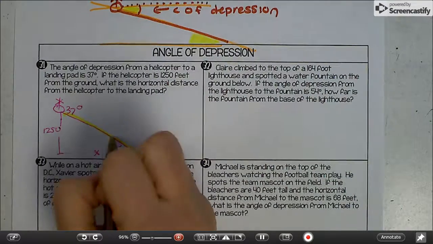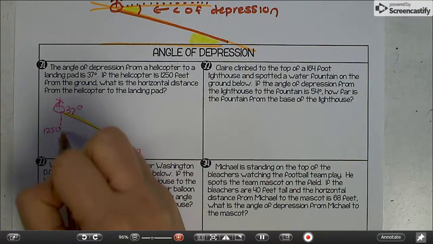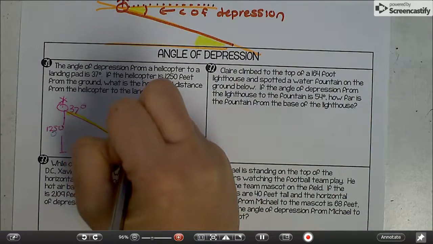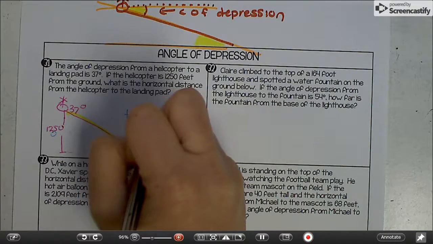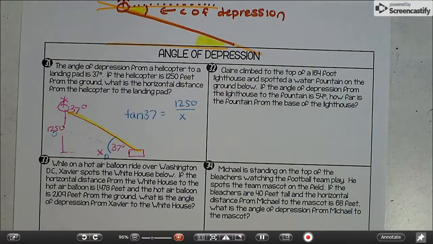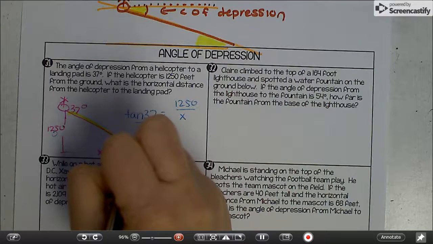And from this angle, opposite and adjacent. So once again, for the 100 millionth time, tangent. Tangent 37 equals 1,250 over x. And then cross multiply.